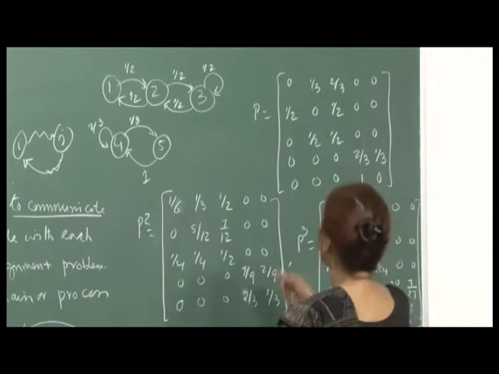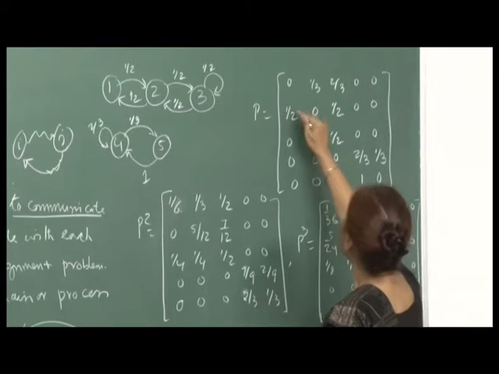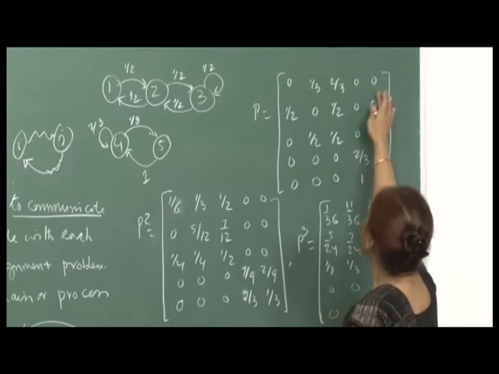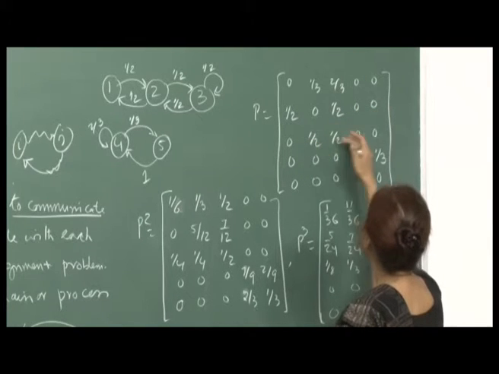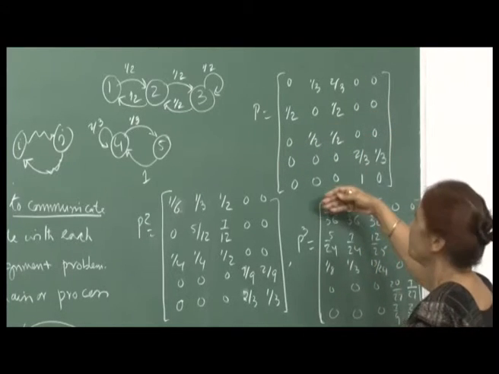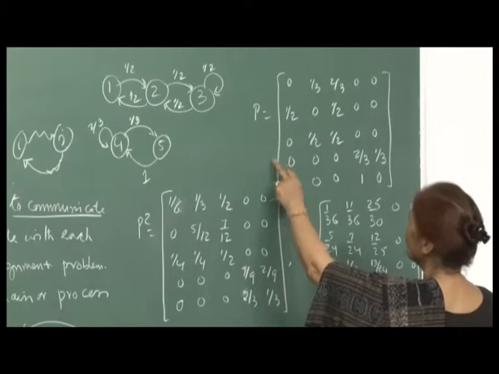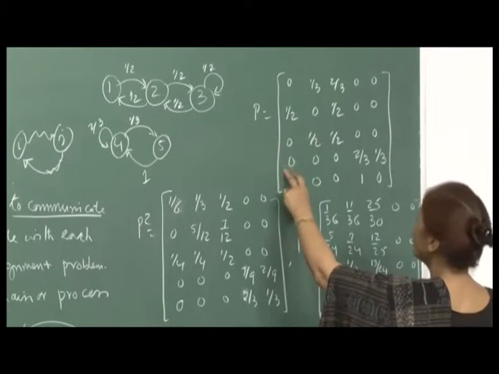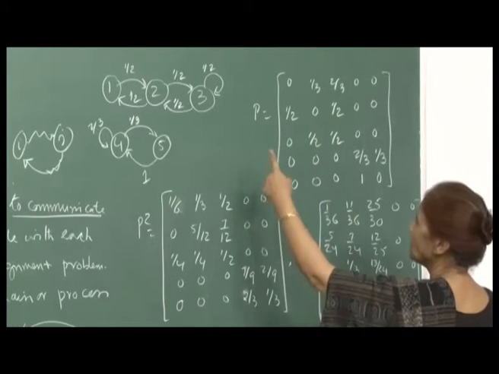Let us start with P, the transition matrix. You see there is no arc from 1 to 4 or 1 to 5, similarly there is no arc from 2 to 4, 2 to 5 and from 3 to these. In the same way there is no arc from 4 to 1, 4 to 2, 4 to 3 and 5 to 1, 5 to 2 and 5 to 3.